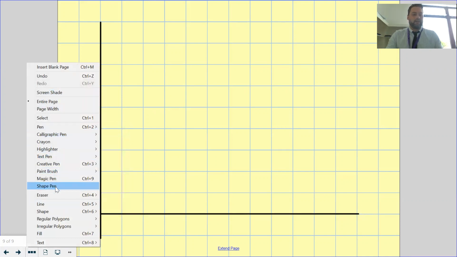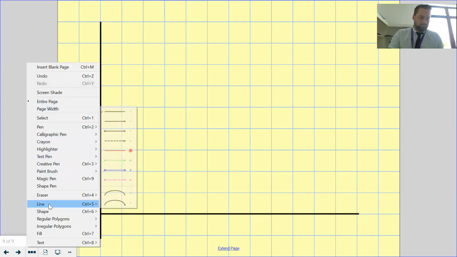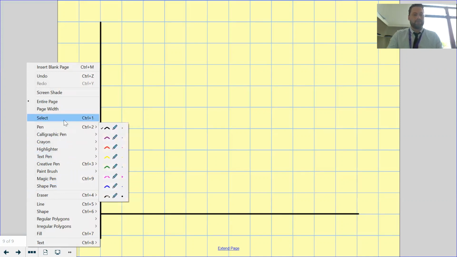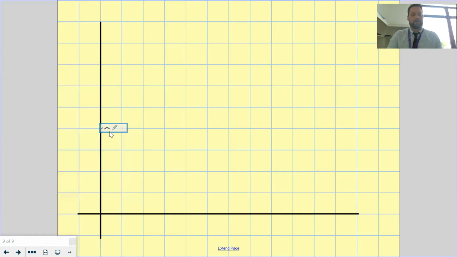So we can label this as x, and we can label this one as y. And at the bottom, we have to label our axes as well. So time is always going to go at the bottom.